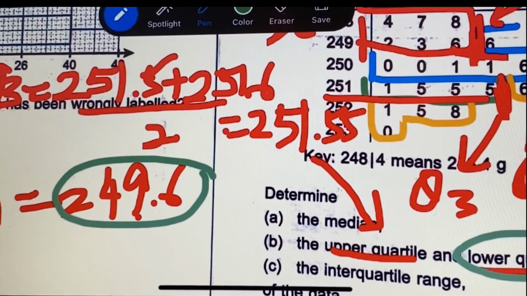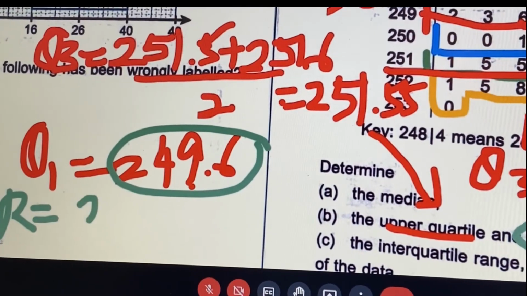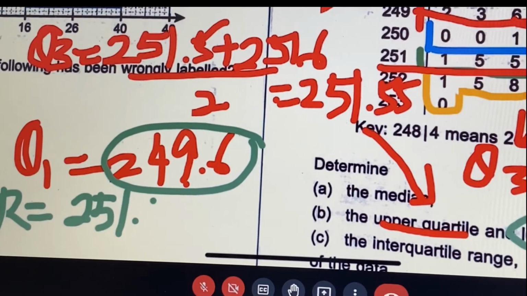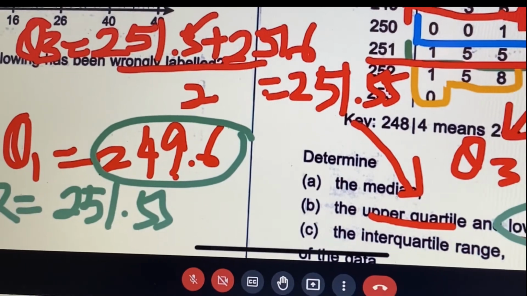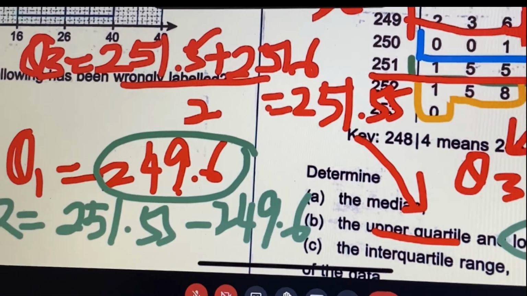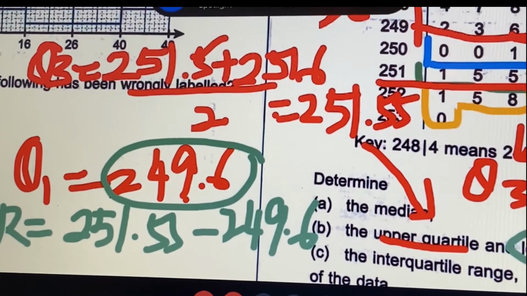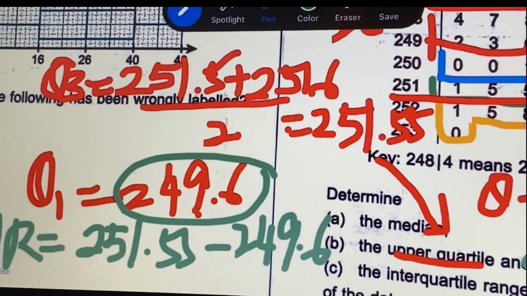Lower quartile means Q1. So in order to find the interquartile range, we just minus 251.55 minus 249.6. The answer is very small. It's just 1.95.